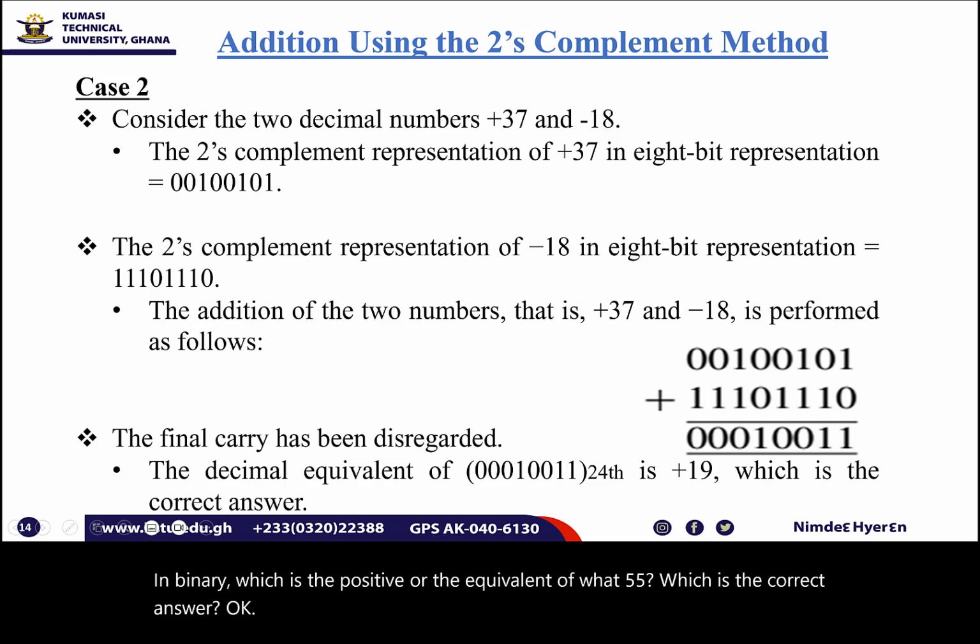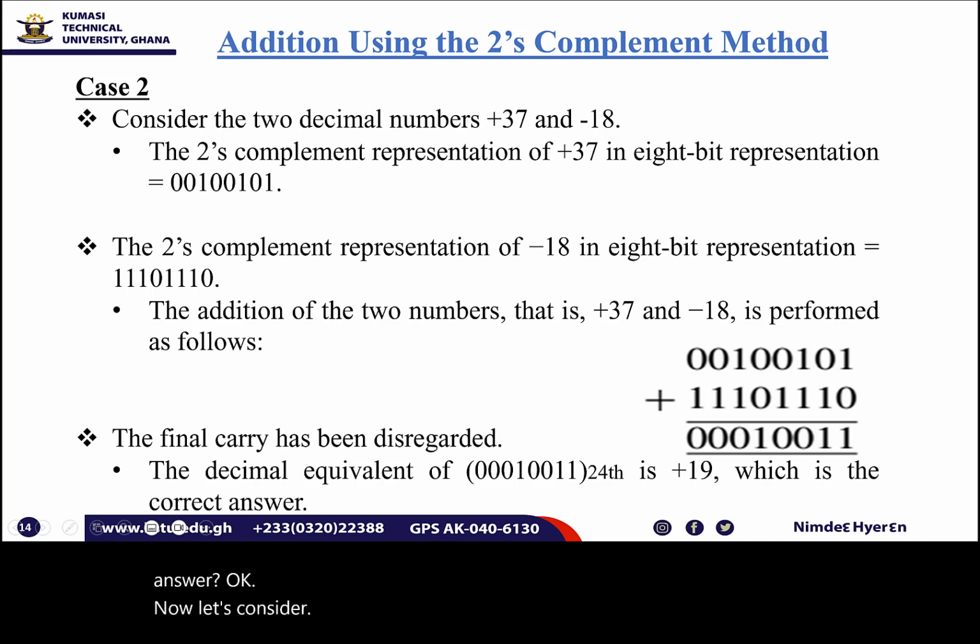Now, let's consider case 2, where we look at a positive number and a negative number.